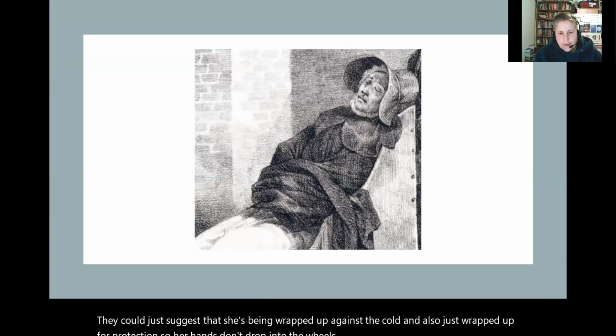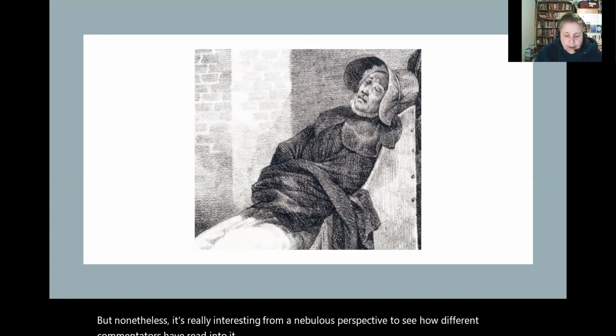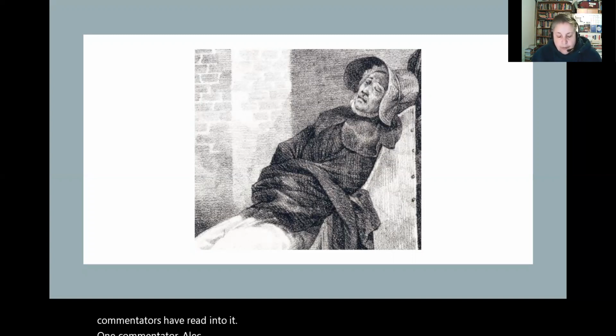But nonetheless, it's really interesting from an ableist perspective to see how different commentators have read into it. One commentator, Alec Mishori, suggests that she is mentally ill rather than a prostitute ravaged by syphilis, on the basis of this straitjacket.